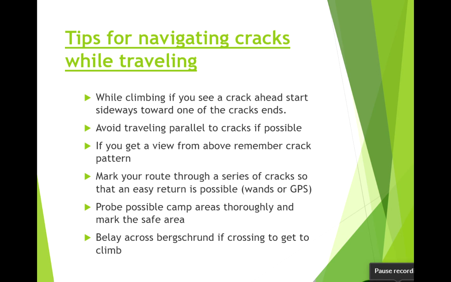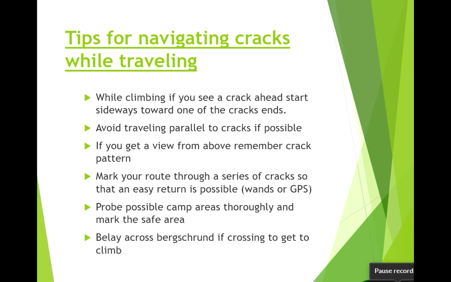Another thing to keep in mind is that when you do want to define an area for camping in, for doing research, whatever that might look like, you need to probe that area for safety before you and your team remove your ropes. And a lot of times it's nice to mark that safe area, and after it's been thoroughly probed, people know that's an area they can remove the ropes.